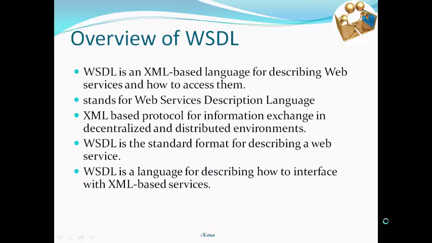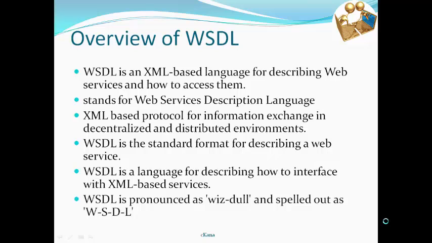WSDL is a language for describing how to interface with XML-based services. It is pronounced as WSDL and spelled out as W-S-D-L. So in short, it describes how to access a web service and what operations the web service will perform. WSDL was developed jointly by Microsoft and IBM.